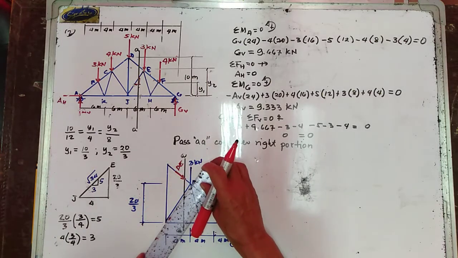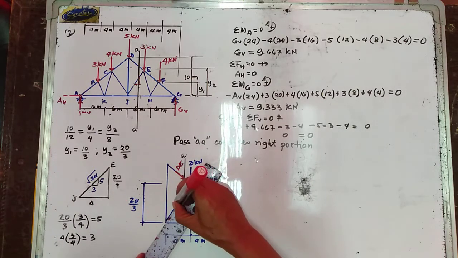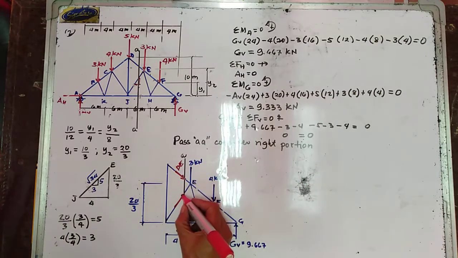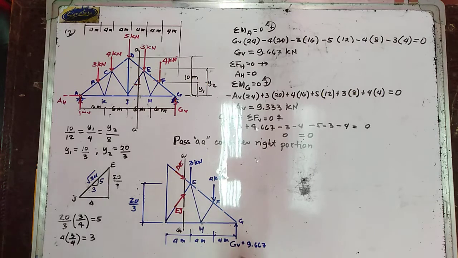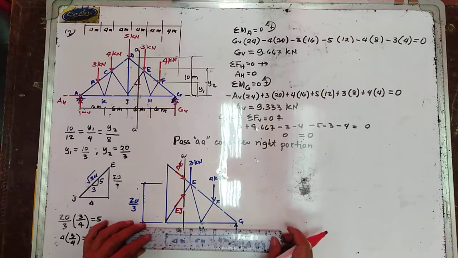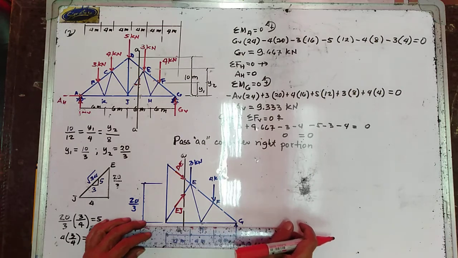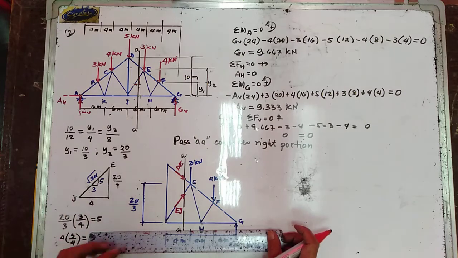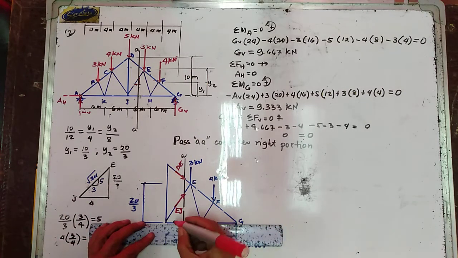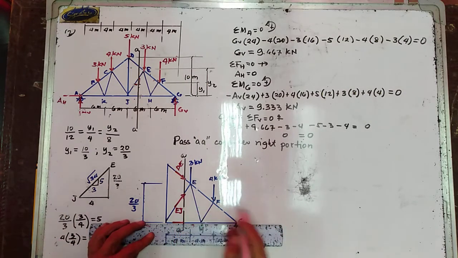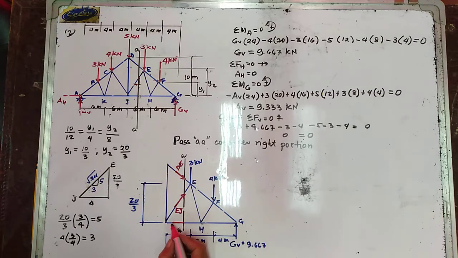So this one is now your EJ. And another one in here is your HJ. So I'm going to assume HJ to be in tension. So that is your HJ.